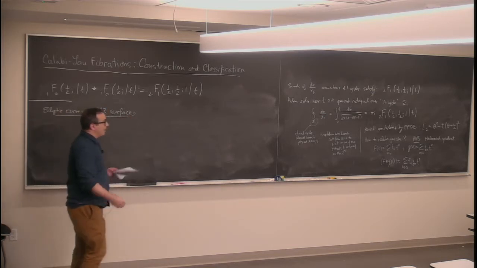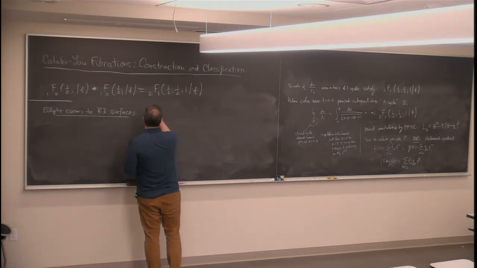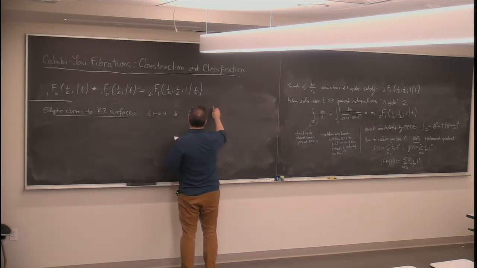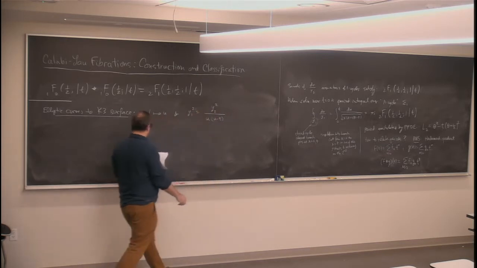So I want to do something completely analogous, okay? I'm going to promote my variable t to u now, and I'm going to do this kind of quadratic twist, y1 squared as before, now y2 squared over u times (u minus t). Okay?